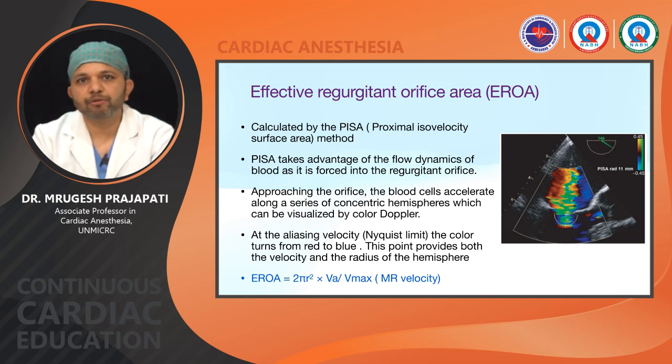At the aliasing velocity, meaning the Nyquist limit, the color turns from red to blue, and this point provides both the velocity and the radius of the hemisphere. So, by this formula we can measure the effective regurgitant orifice area.